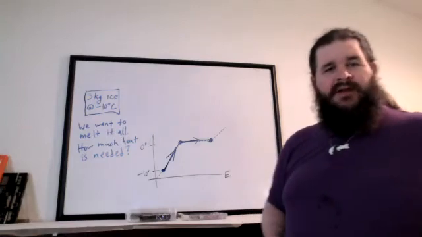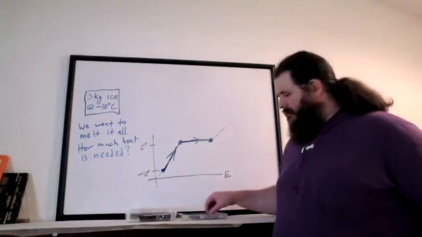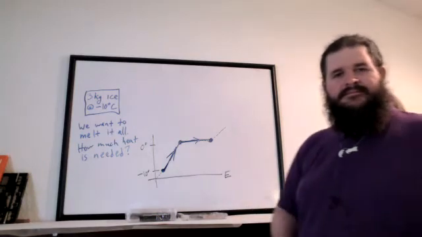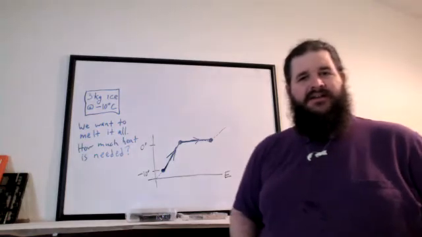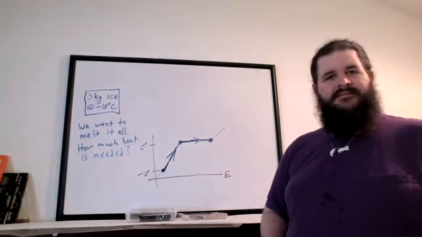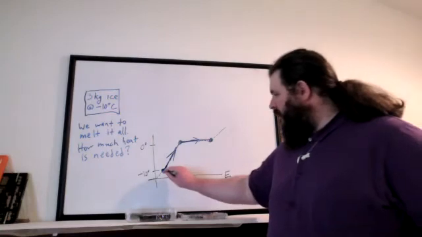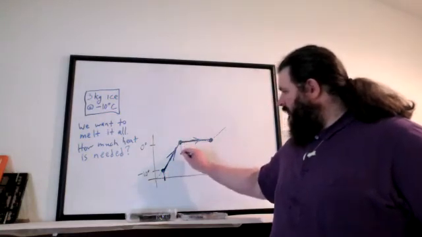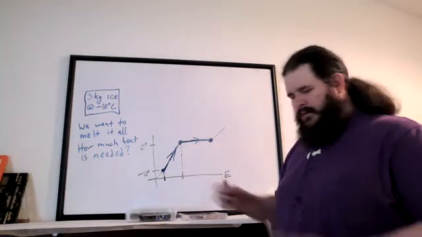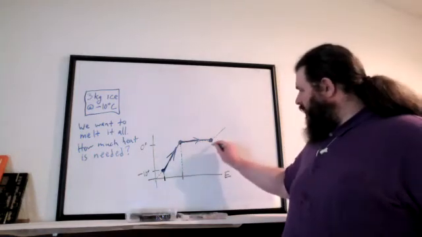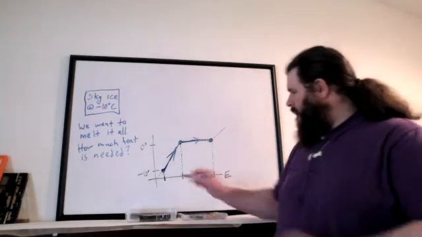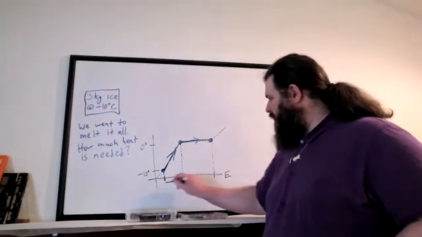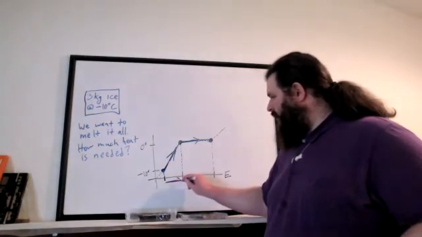How many different processes are really happening here? Or how many different types of energy are changing? 2 types. Yeah, 2 types of energy. Because if we take a look at from the initial situation to this corner, and then from this corner to this corner, this transition is a change in what type of energy?